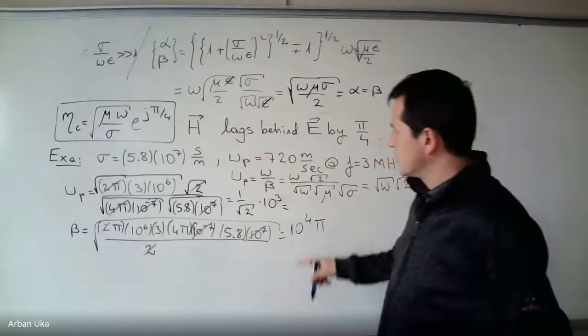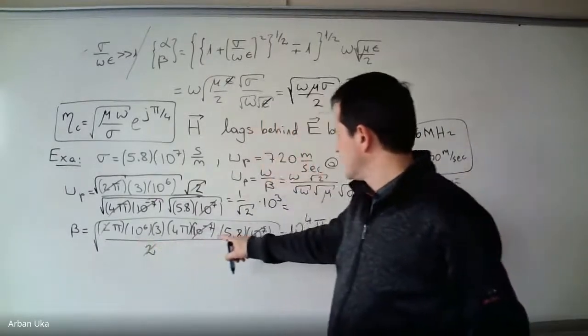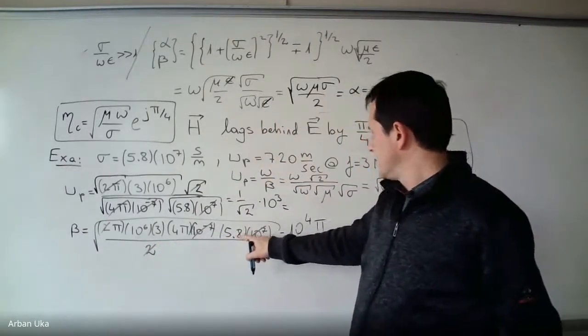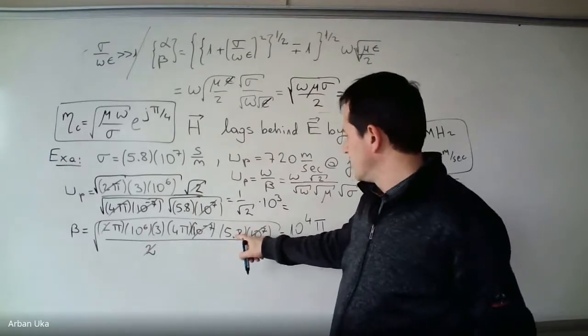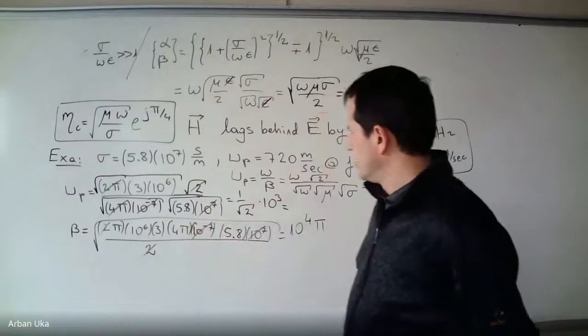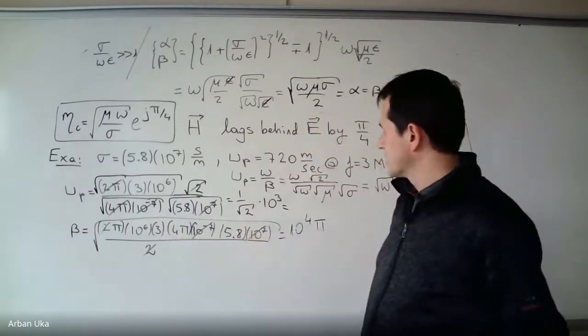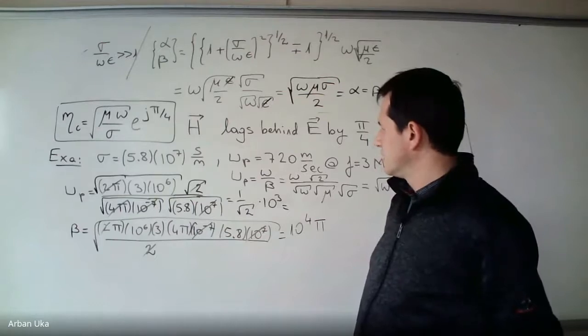Square root of pi squared is pi, so pi will be left there. This is 10 to the power 6 times, so here we get 10 to the power 7, and 3 times 4 is 12 times 6. We get around, wait a second.